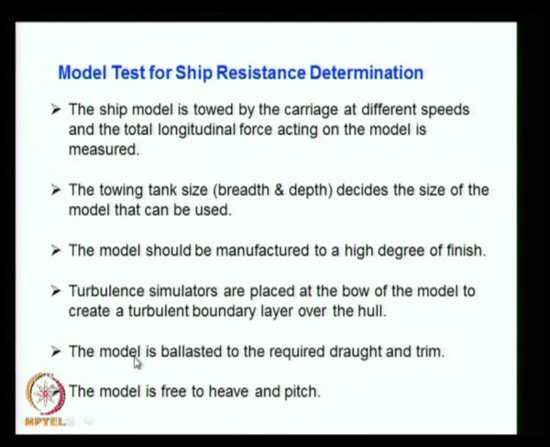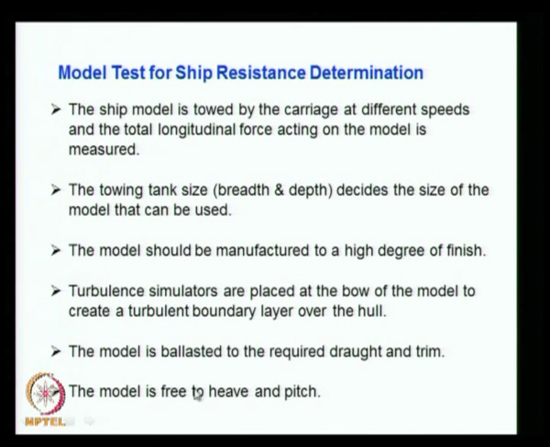Next, the model is ballasted. You put weights and there is a procedure involved in that. You do that and see that the model displaces up to a water line as per the design load water line of the ship. Also, if the ship is going to have a trim, the same trim should be used for the model.